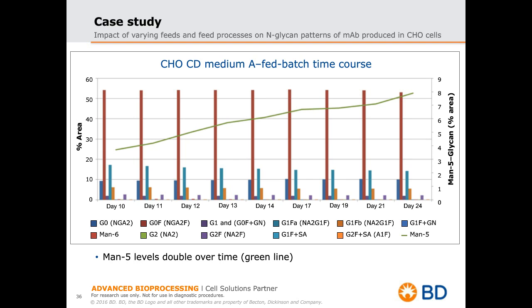The purpose of this is to emphasize the change in this particular glycan species over the time course. The levels of MAN5 double over the duration of the time course, from 4% at day 10 to approximately 8% at day 24. Feeding, therefore, clearly has a large impact on the glycan distribution with this particular media.